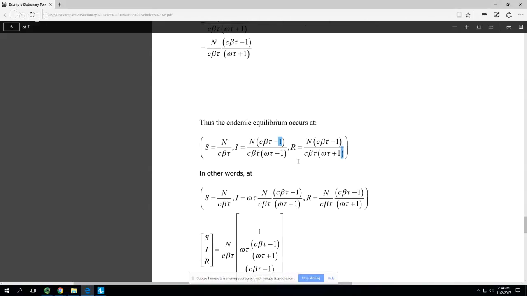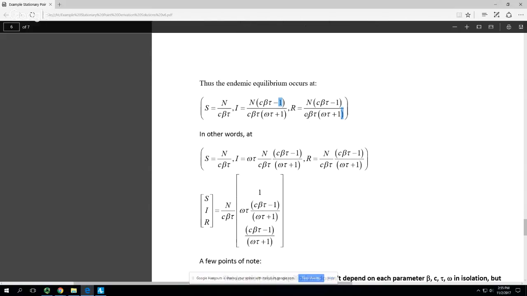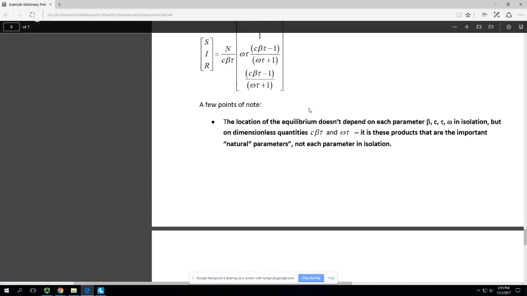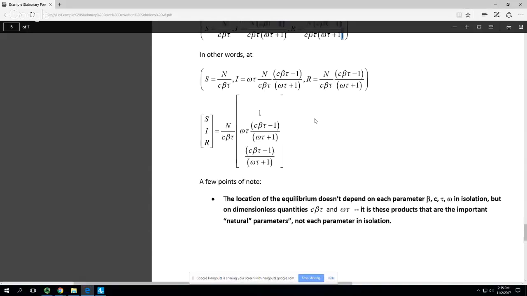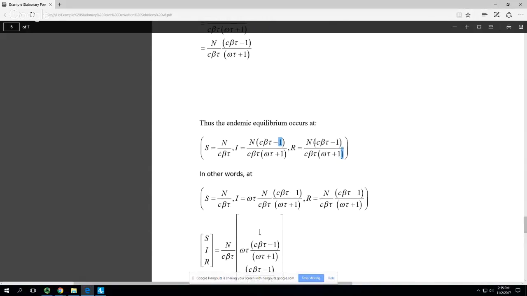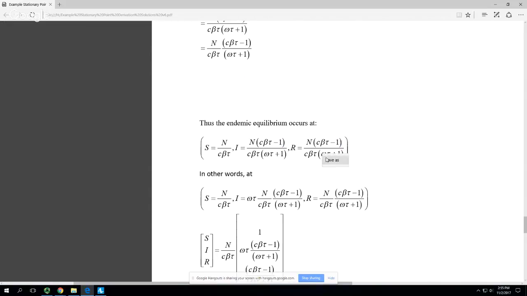So you may ask, well, what are those terms? What are their interpretations? First of all, these things are based on natural quantities, not individually on C and beta and tau, but really on natural combinations of them. So omega times tau, what are the units of omega times tau? Can anyone tell me?